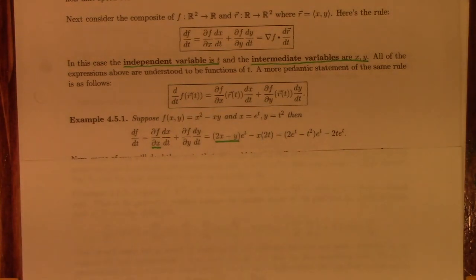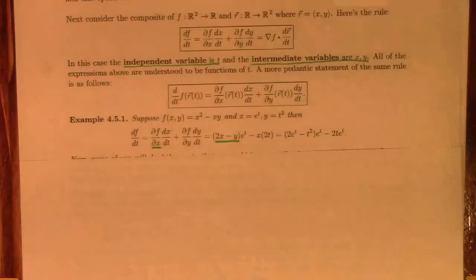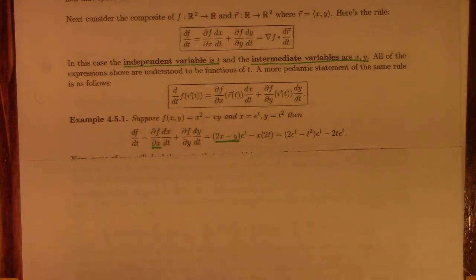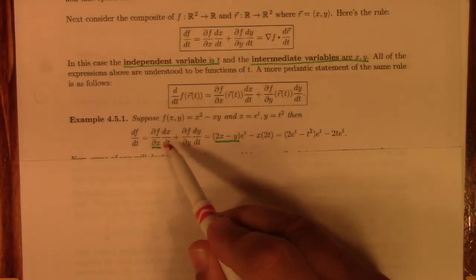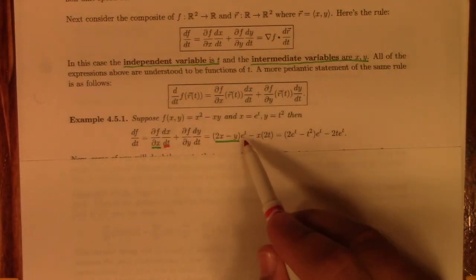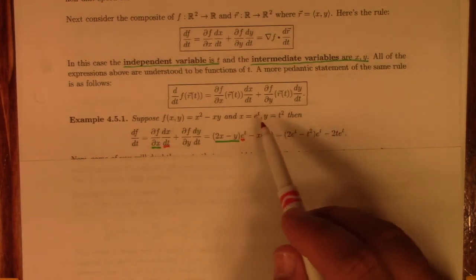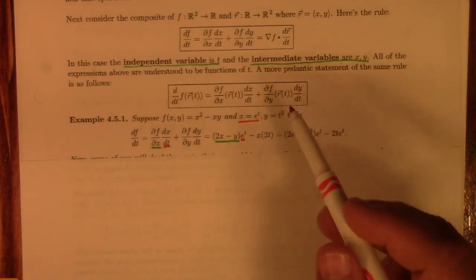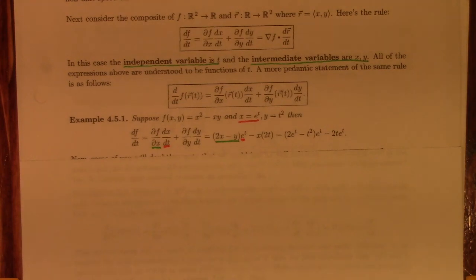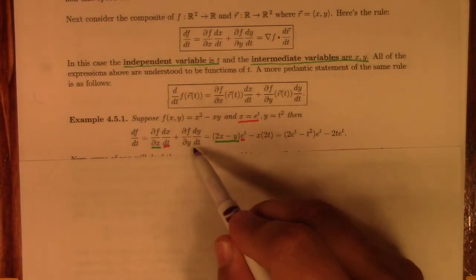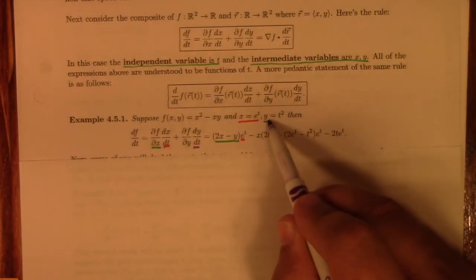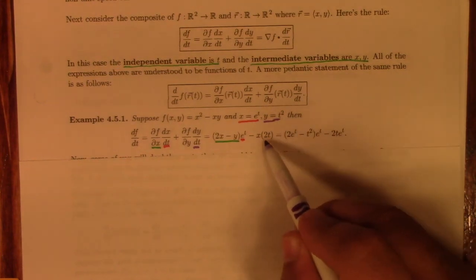Let me do some color coding here. This one is just e to the t, because remember, x is e to the t. And then over here, the dy dt is coming from t squared, and that's why it picks up this 2t right here.